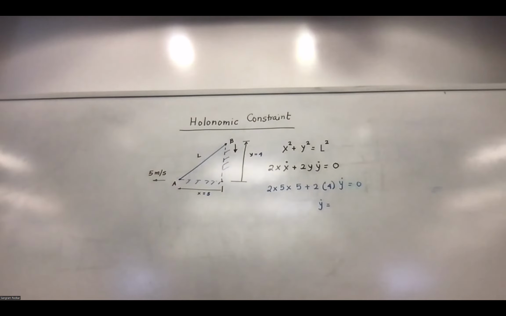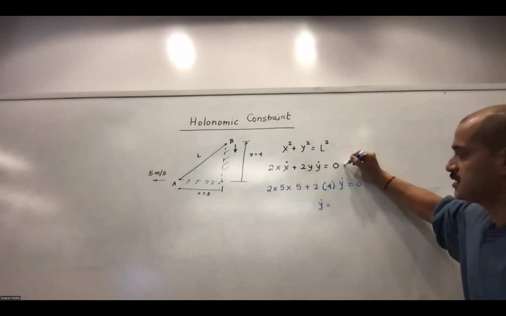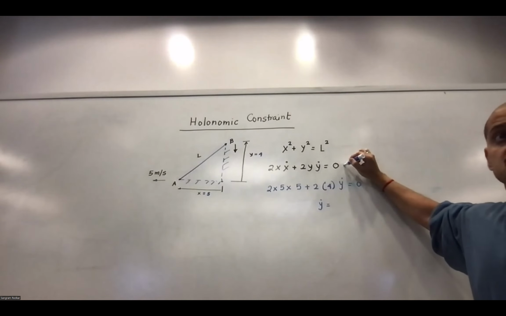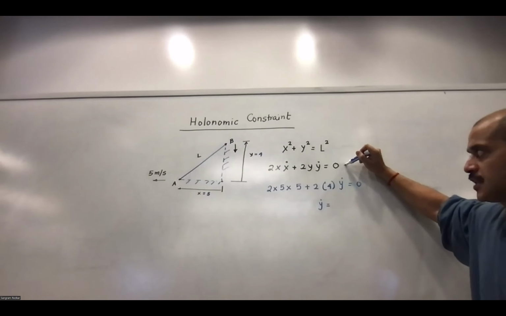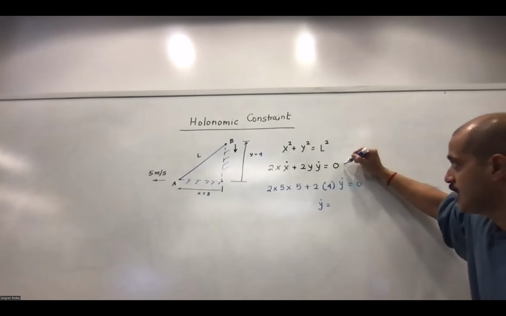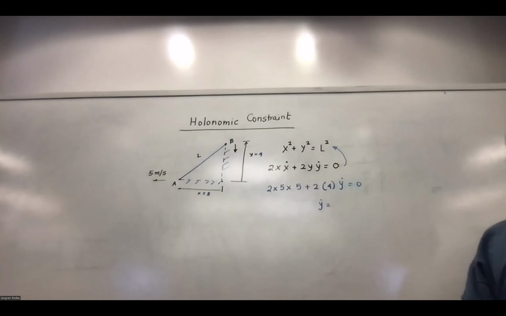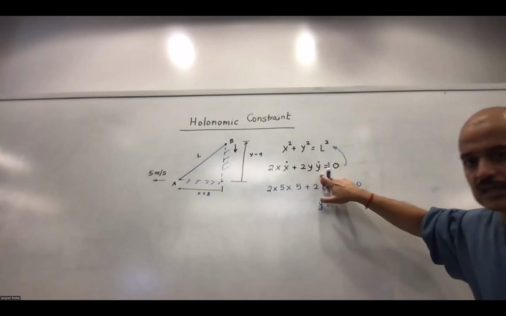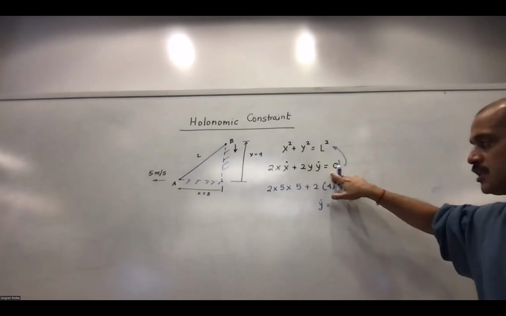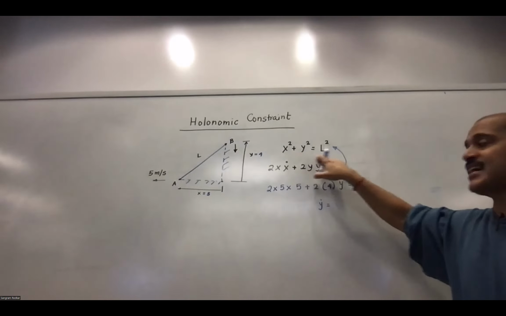Why am I discussing this? I'm discussing this because I want you to understand the most important part. This constraint is a constraint on velocity. I can integrate this constraint and get the constraint on displacement. When you have a constraint on the derivative, a single derivative or multiple derivatives, you integrate those and get the constraint on the states.